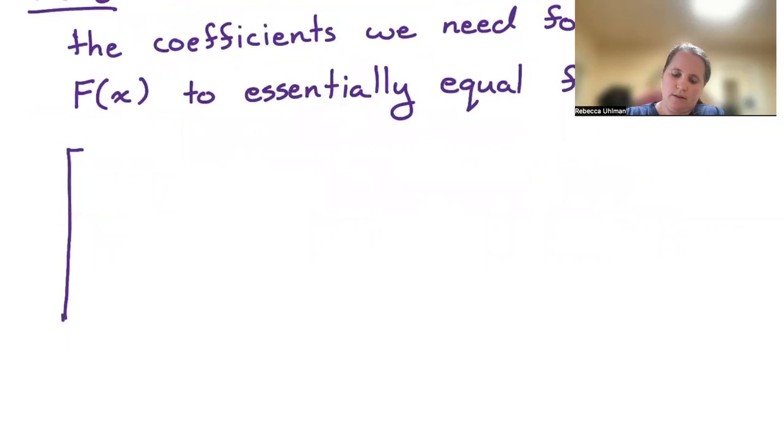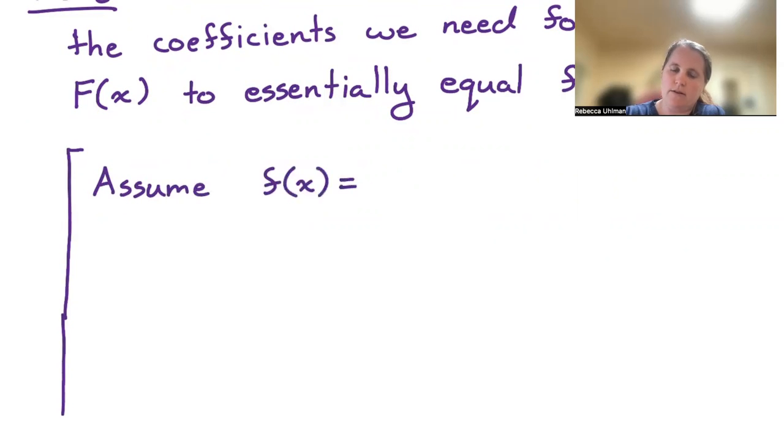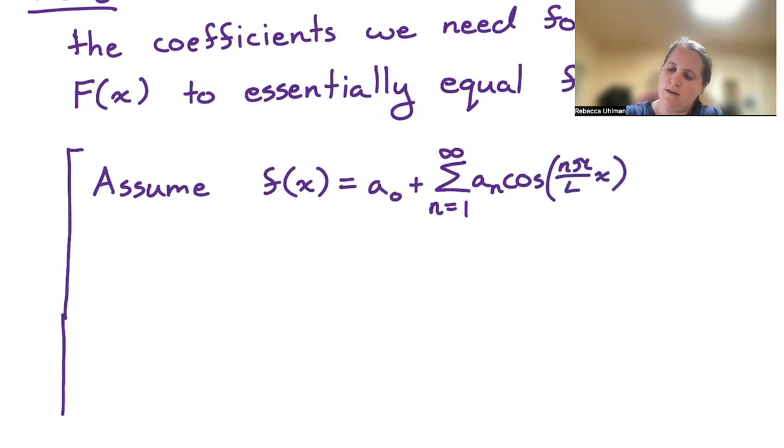So if we assume lowercase f of x is equal to a naught plus the sum from n equals 1 to infinity of a n times cosine of n pi over L x plus b n times sine of n pi over L x.